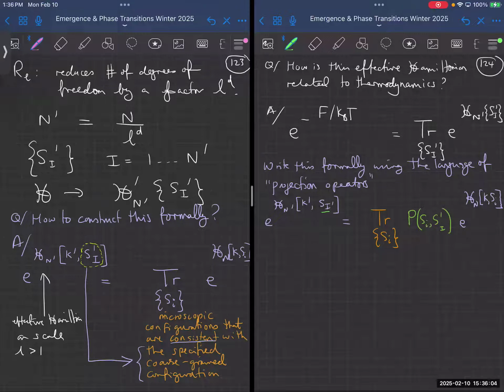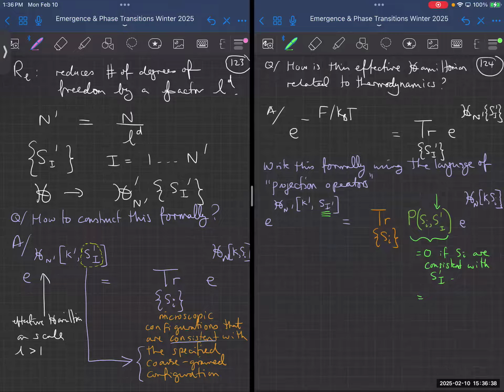And what this thing does is the following. If you tell me what this Si prime is on the left-hand side, then this projection operator will equal 1 if the microscopic configurations are consistent with the specified coarse-grained configuration Si prime.